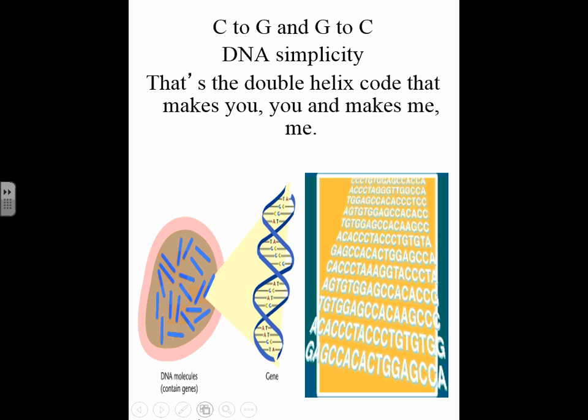Okay, so what's happening here? What is this describing? This is past information. This is your genetic code. This is how your DNA is made up. C to G, G to C, DNA simplicity. That's your double helix. If you look at the picture, you see all your coding. And it goes on and on and on.